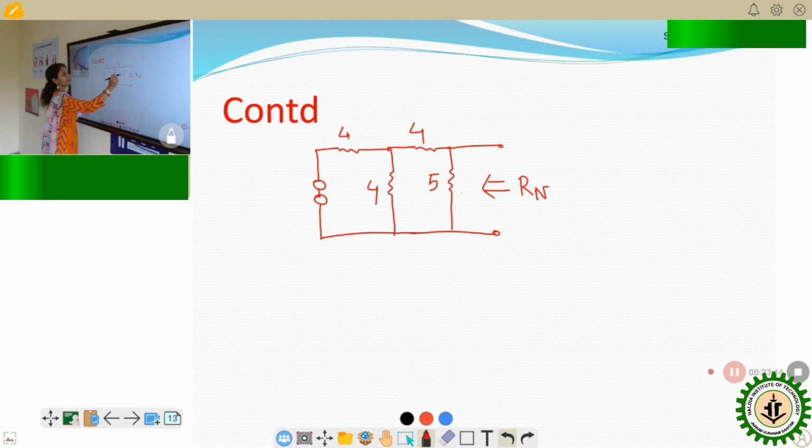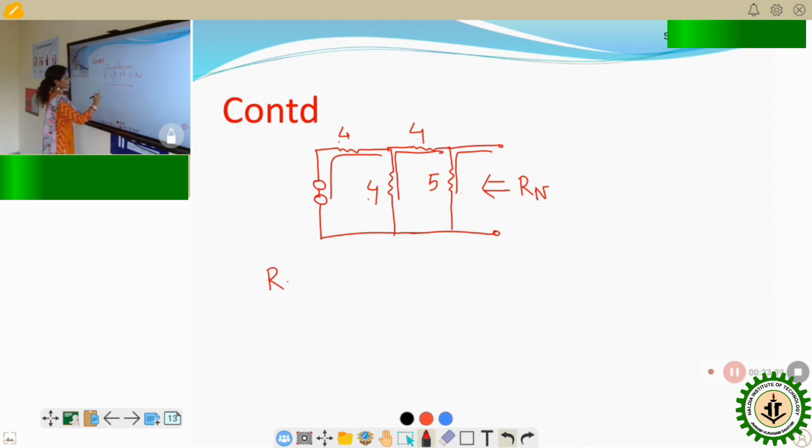So for calculating RN, if we consider a current, then current flows through first 5 ohm, then again 4 ohm, then again it will be divided in 4 ohm and 4 ohm. That means that 4 ohm and 4 ohm are connected in parallel, and that parallel combination in series with 4 ohm, and then the total combination in parallel with 5 ohm resistor.